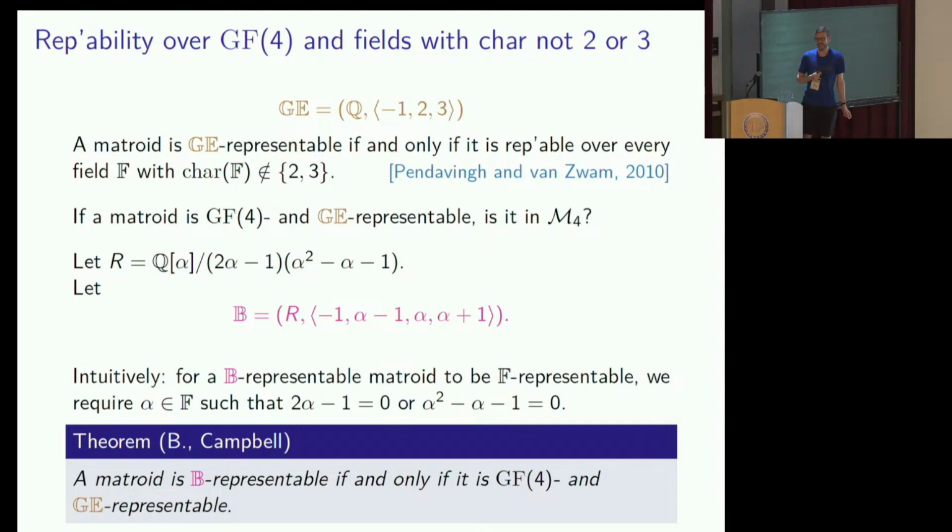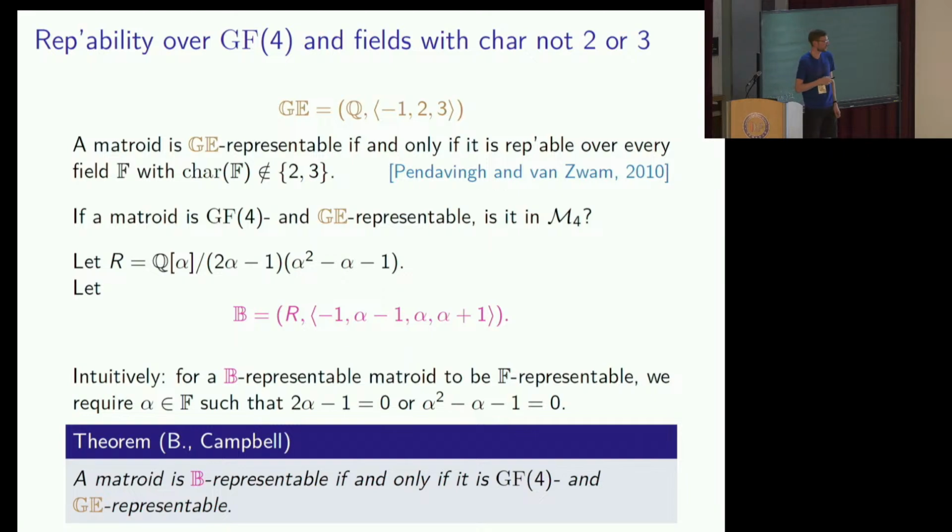This is the ring that I'm working over, and then my subdeterminants are going to need to be powers of alpha minus 1, alpha, and alpha plus 1. And what we're able to show is that this partial field characterizes being both GF4 and Gersonides representable, that is, over GF4 and this GE partial field.